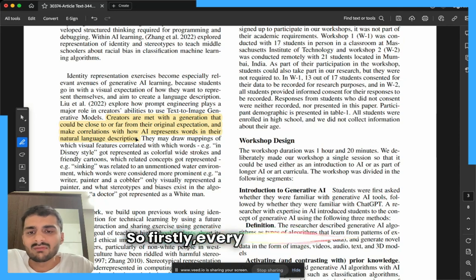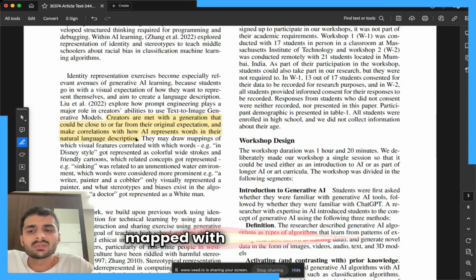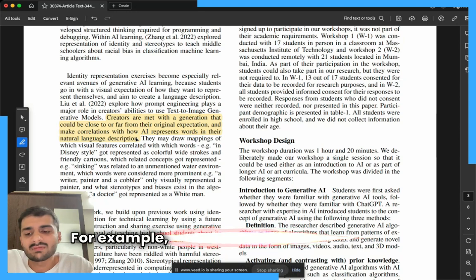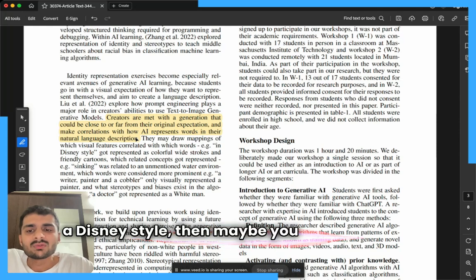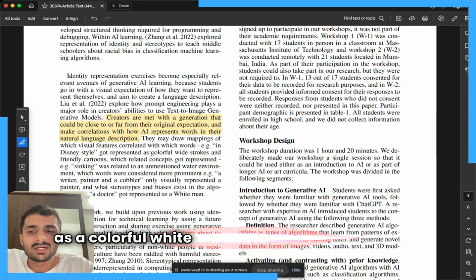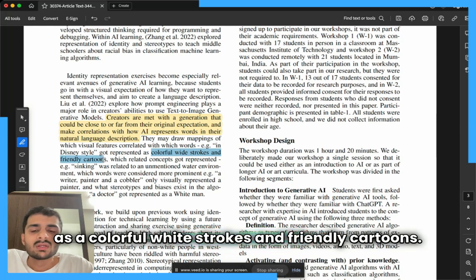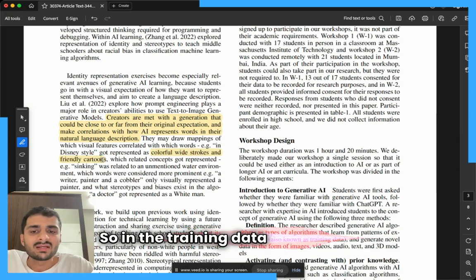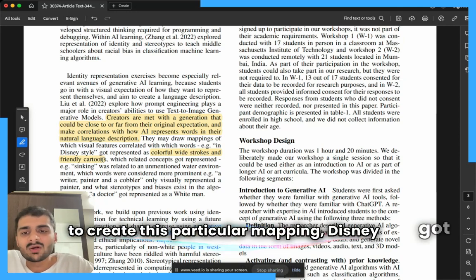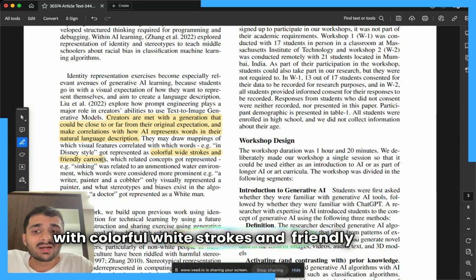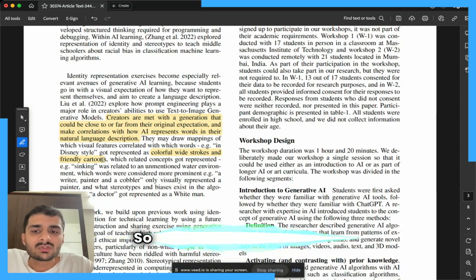So, firstly, every single word is mapped with a visual feature. For example, if I want to create something of a Disney style, then maybe you see something represented as colorful white strokes and friendly cartoons. So, in the training data that was used to create this particular mapping, Disney got mapped with colorful white strokes and friendly cartoons.